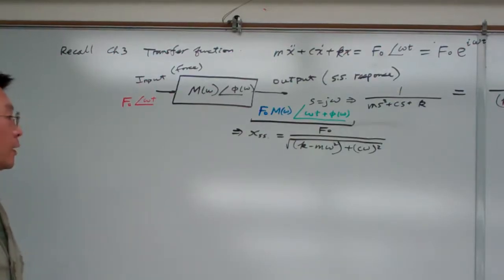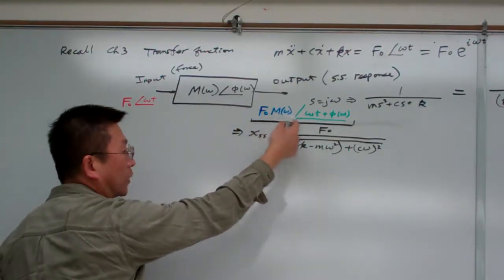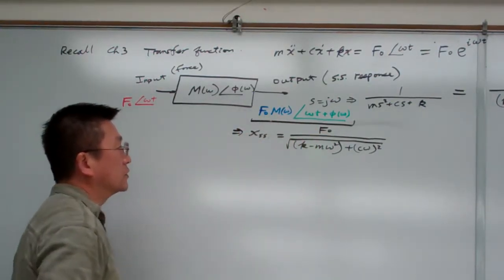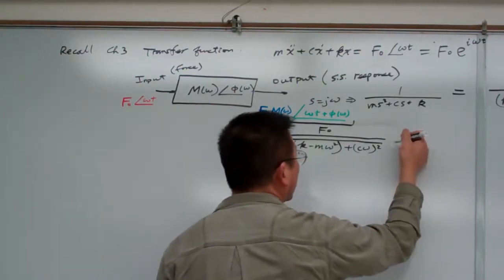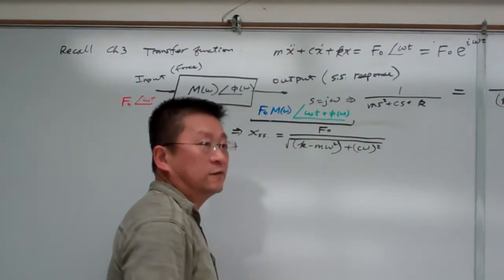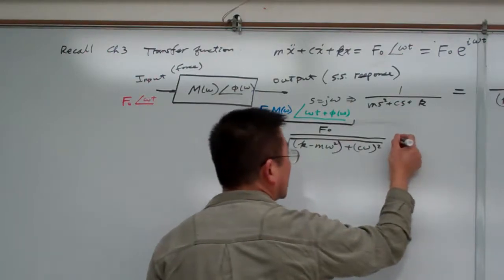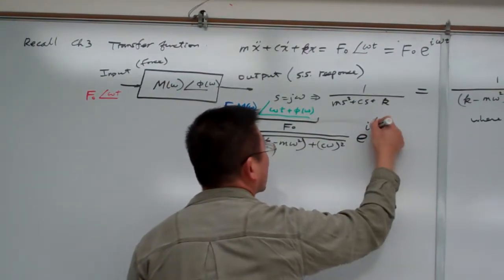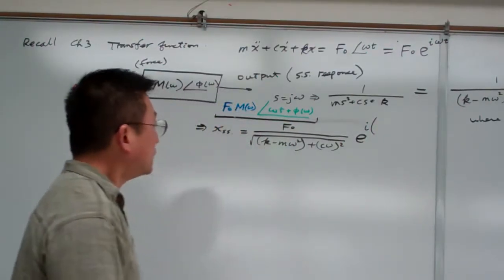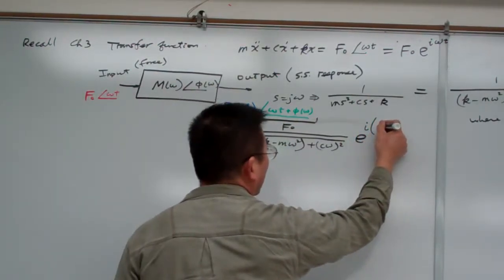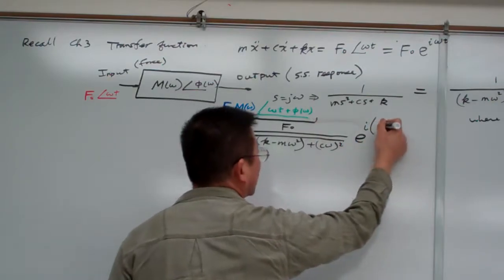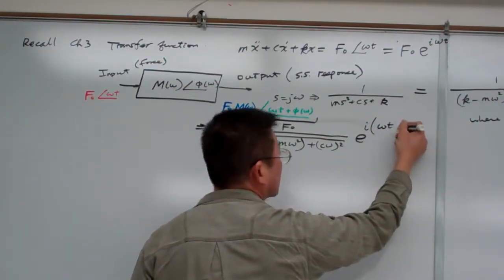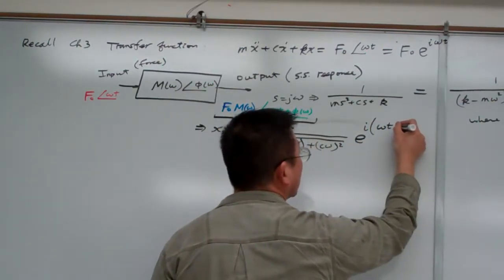Okay? Right now I simply plug in M omega into here, so that becomes this. And what is the phase angle? Phase angle equals omega t plus phi. So basically it equals e to the i times omega t plus phi. Let me plug in here.